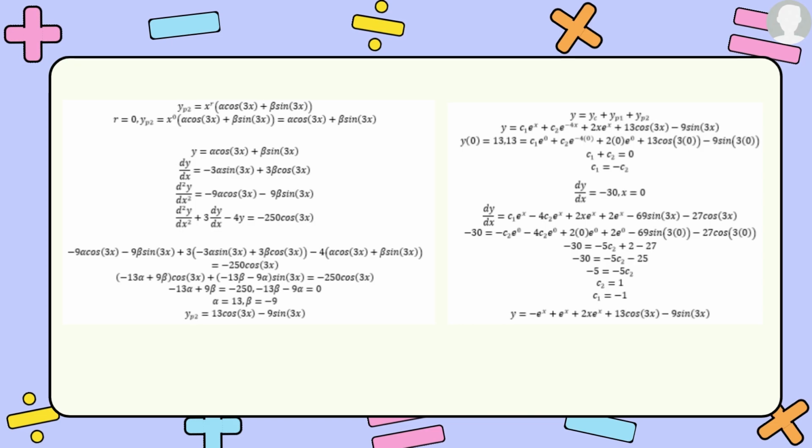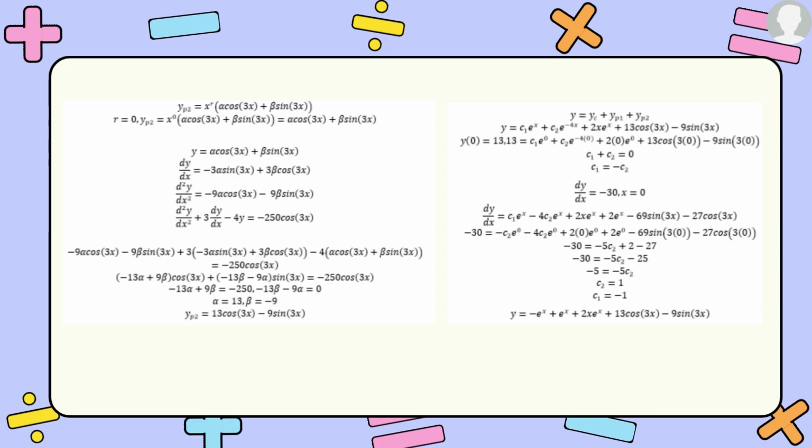So then we need to find the value of alpha and beta. Then we will get alpha equal to 13 and beta equal to negative 9.